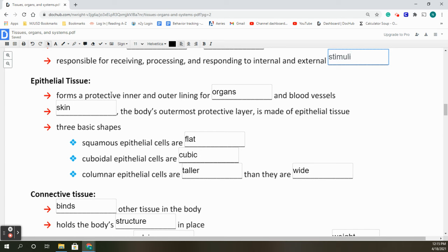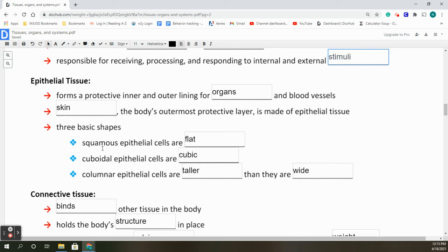Epithelial tissue forms a protective inner and outer lining for organs and blood vessels. Skin, the body's outermost protective layer, is made up of epithelial tissue. That's how they get DNA from sometimes.